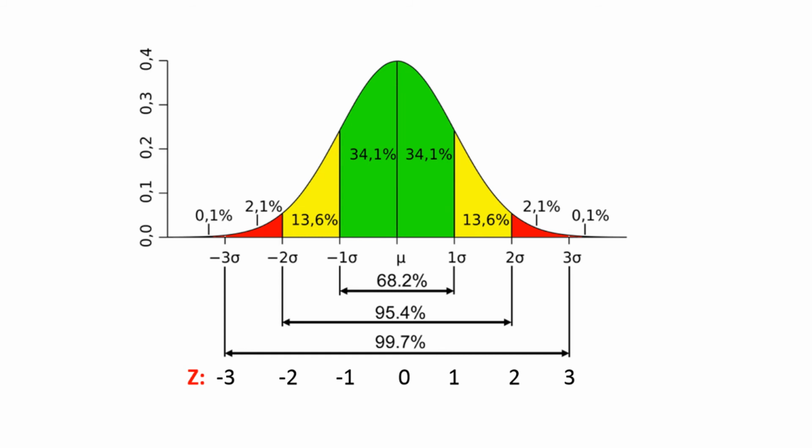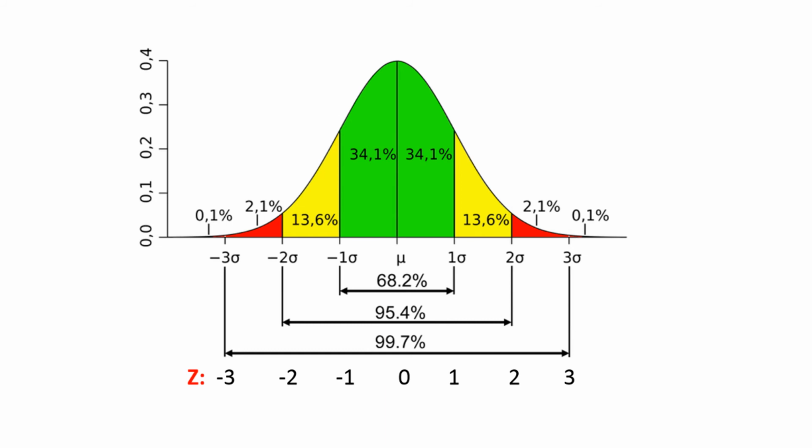The same property says that almost 96% of the data falls between -2 and +2 standard deviations from the mean, and 99.7% falls within 3 standard deviations from the mean.